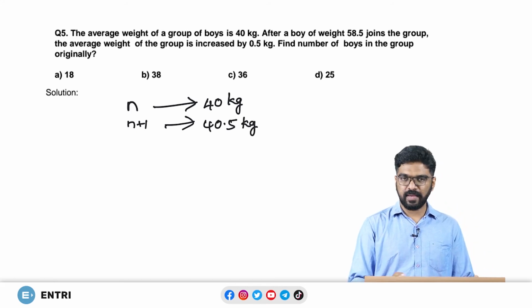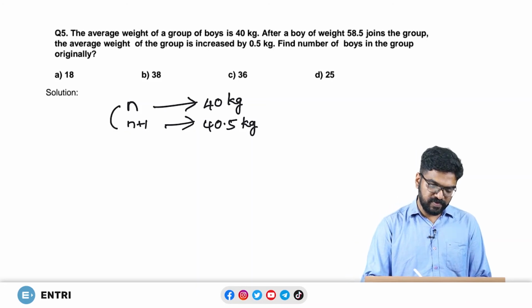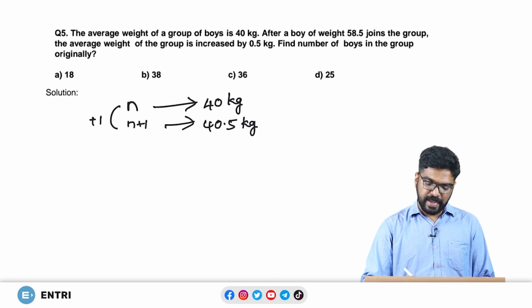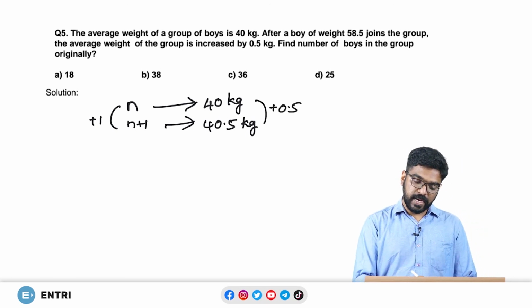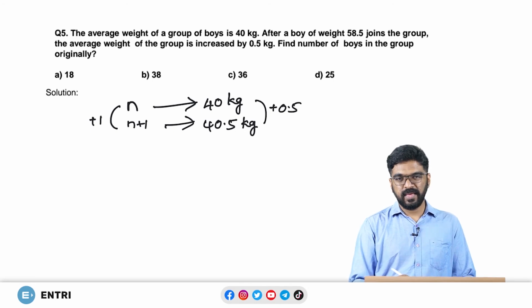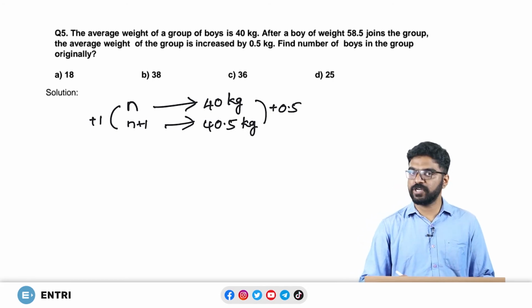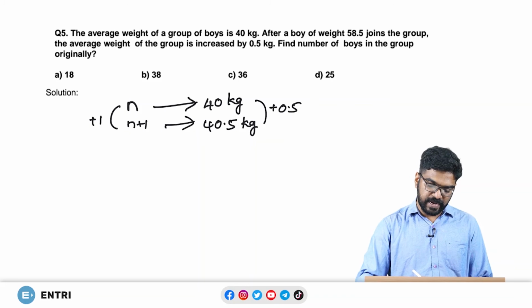So we have to do the same procedure. What we have here is there is an increase of 1, so I'll write plus 1, and there is an increase in the average weight, which happened to be 0.5. I need to find the number of people given the weight of the new person who joined. So how will you write that particular value?